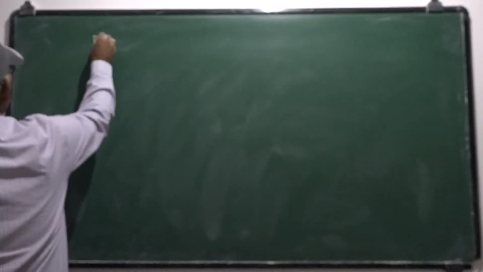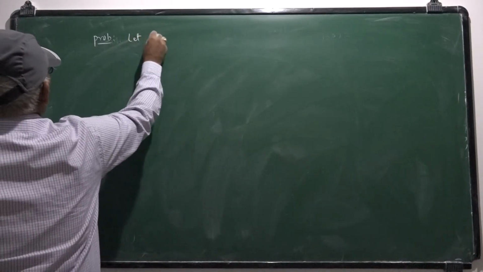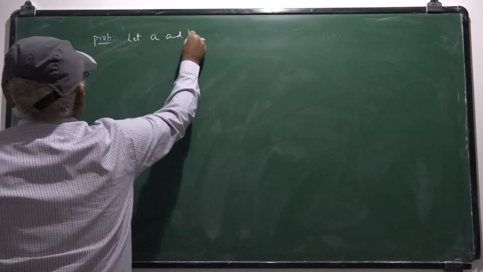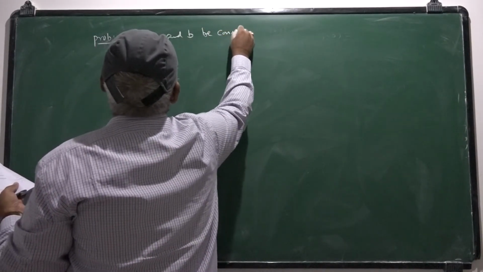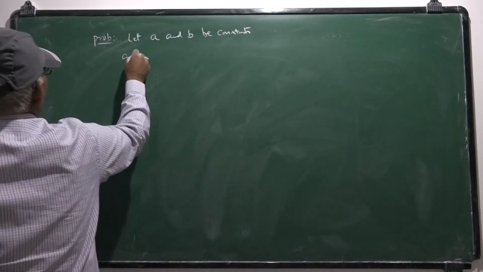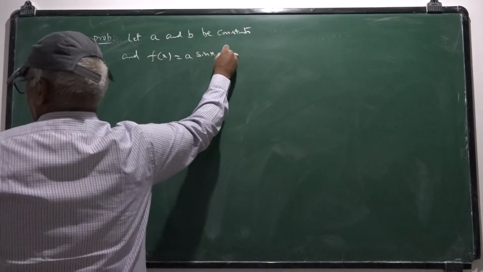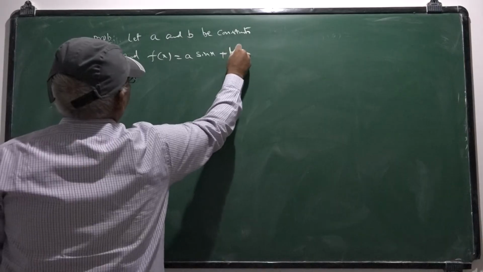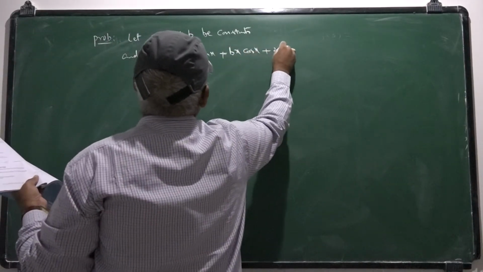Next. Let A and B be constants, and f(x) equal to A sin x plus B x cos x plus 2x square.